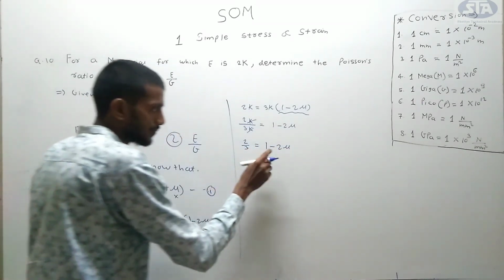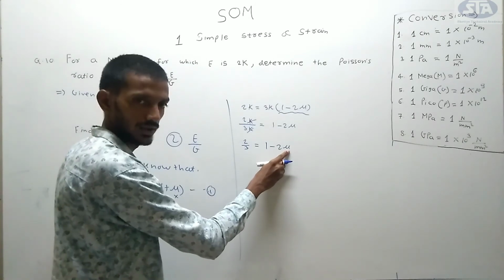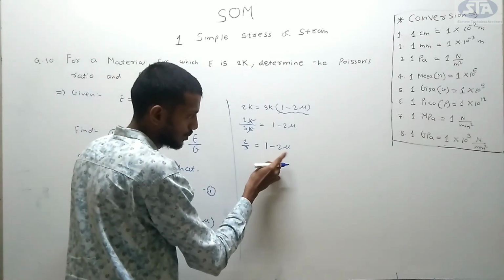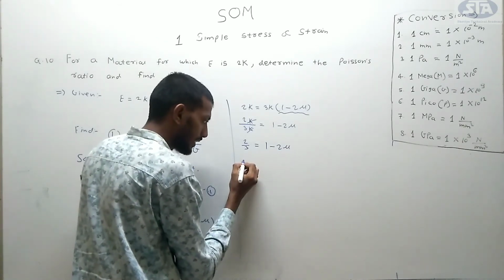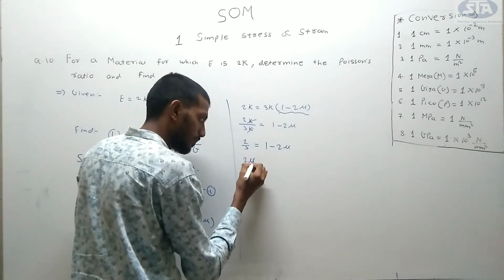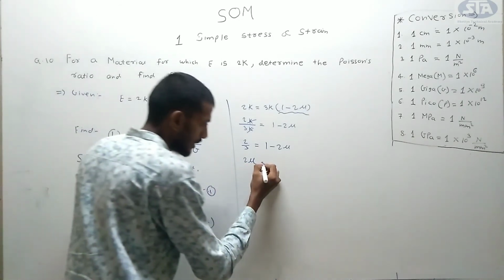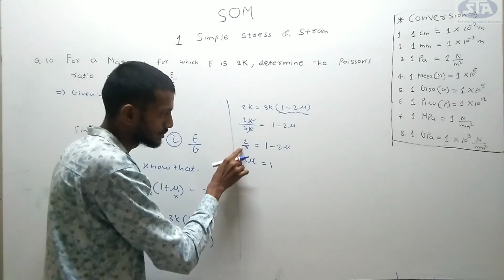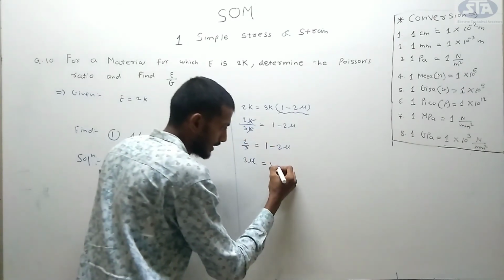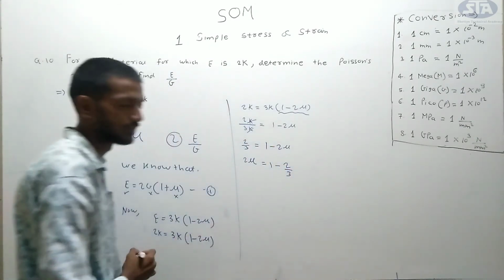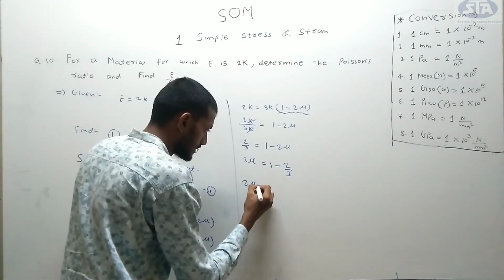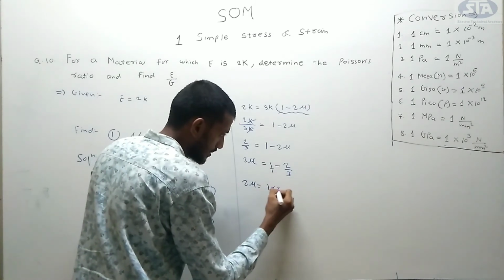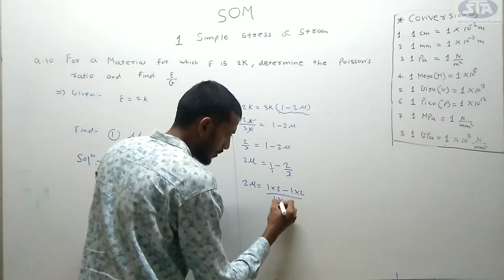Now we have to find out the value of mu. Here only one unknown term comes, that is mu. Minus 2 mu we take to the left hand side, then it becomes plus 2 mu, is equal to plus 1 as it is, and shifting plus 2 by 3 to the right hand side it becomes minus 2 by 3. Now 2 mu is equal to, by cross multiplication, 1 into 3 minus 1 into 2 whole divided by 1 into 3.